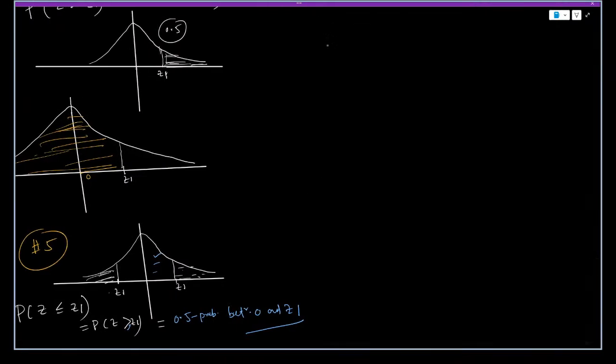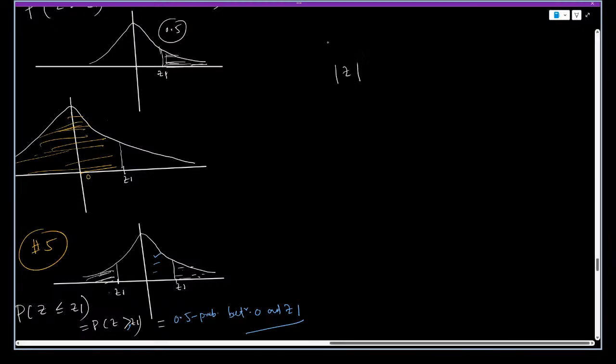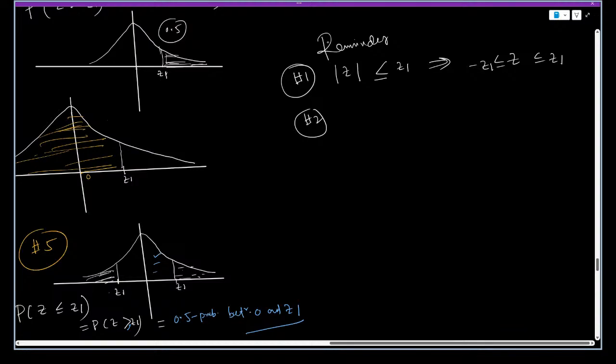Before we start solving sums, I would like to remind you of this inequality. Reminder: |Z| < Z1 means −Z1 < Z < Z1.